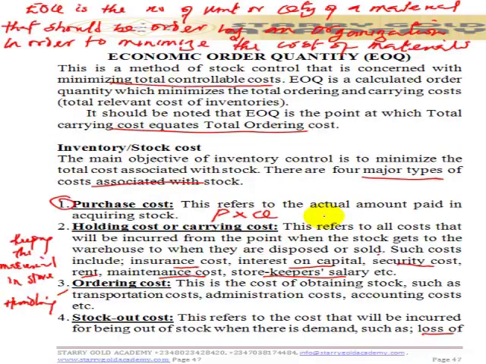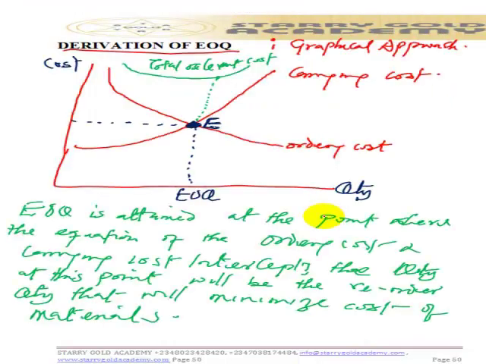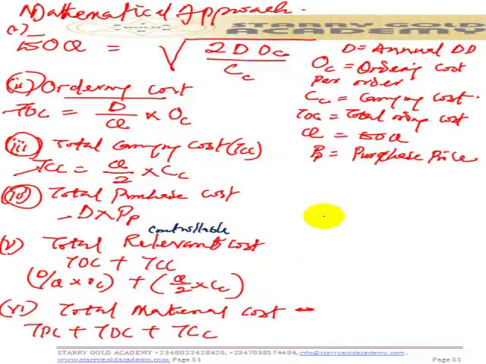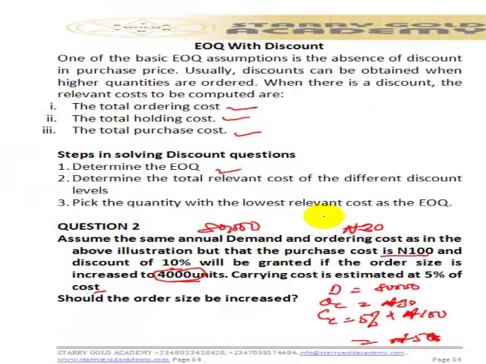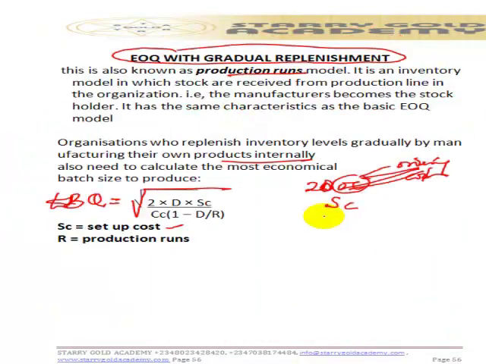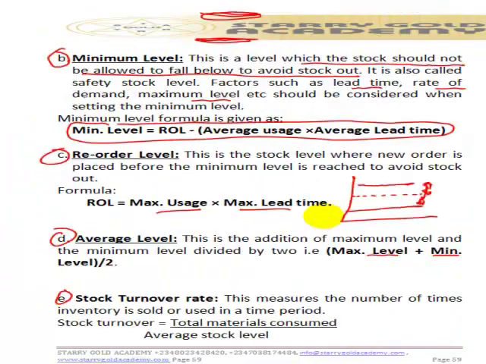So we have discussed the EOQ as a quantity that will minimize material cost, and we discussed the various assumptions, how to derive it graphically and mathematically, and various aspects of EOQ, both discount and gradual replenishment. Then we looked at the reorder level.